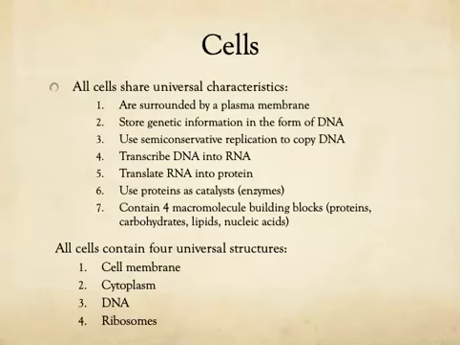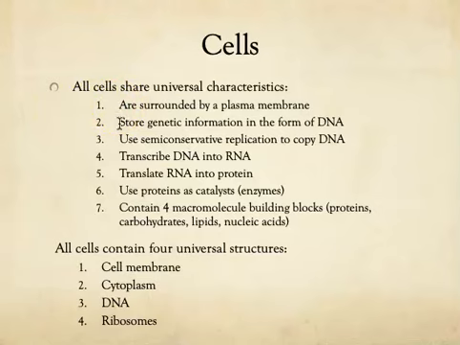The first and most obvious universal characteristic of a cell is the fact that it is surrounded by a membrane. And remember, we call that a cell membrane, a plasma membrane, or just a bilayer. All those terms mean the same thing. It's the surrounding structure of a cell. And all cells have a membrane.